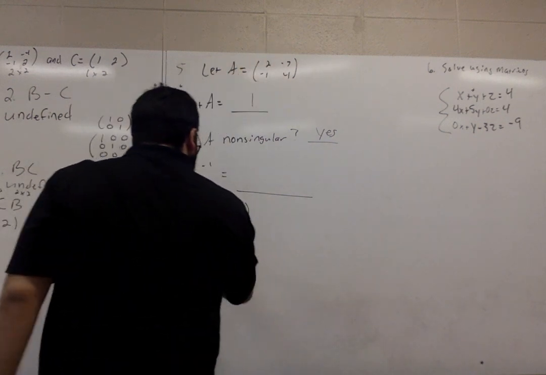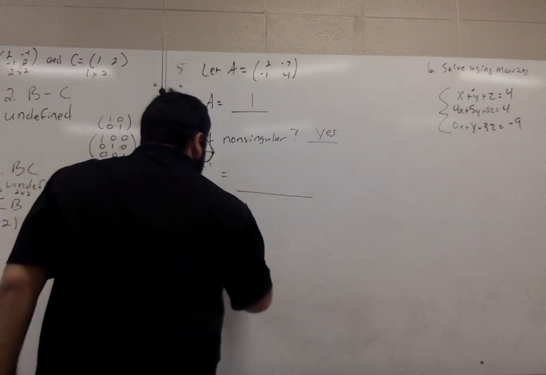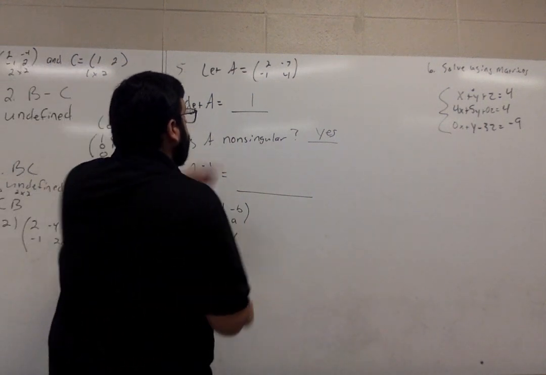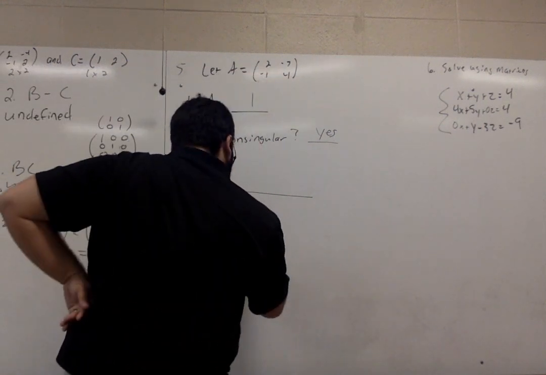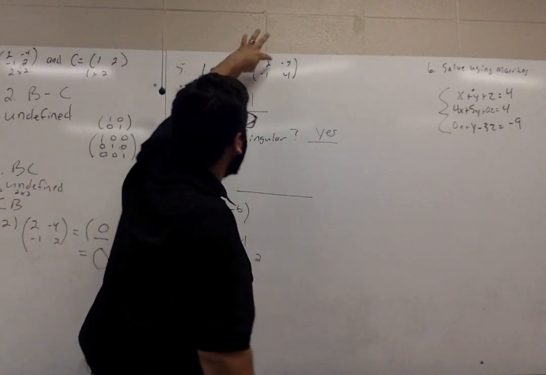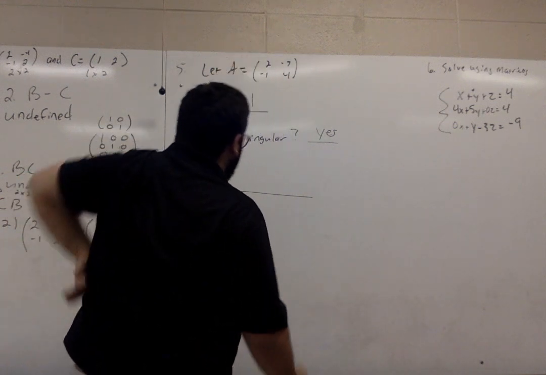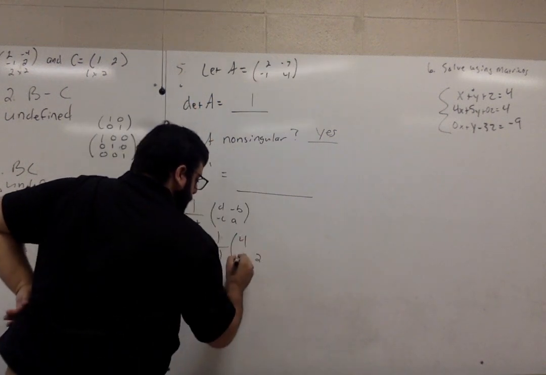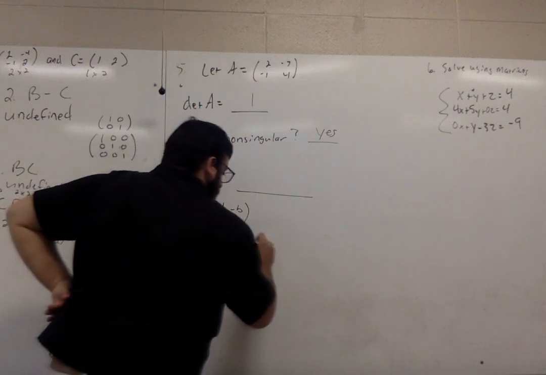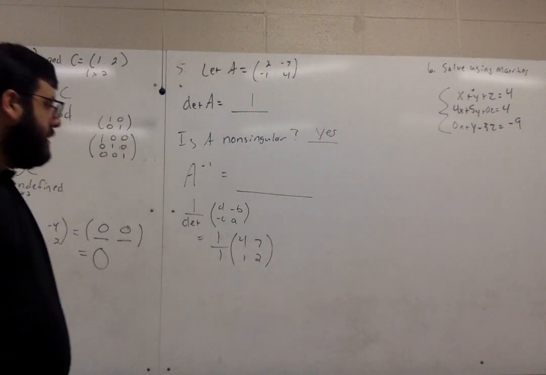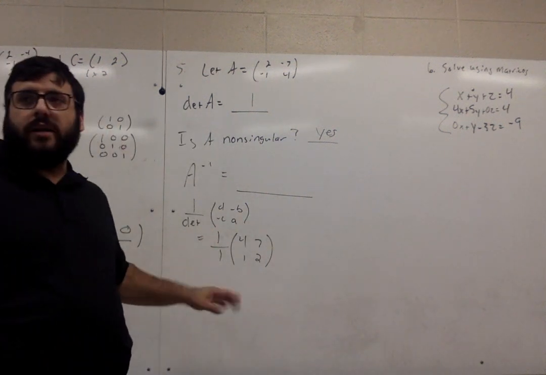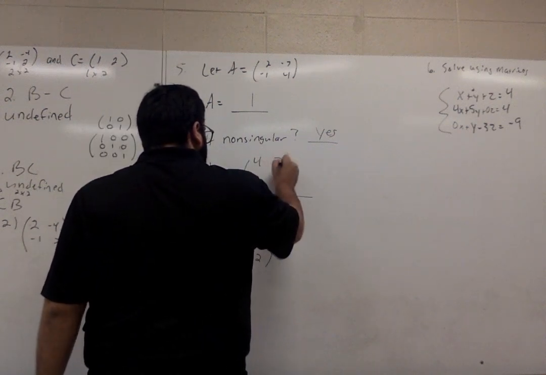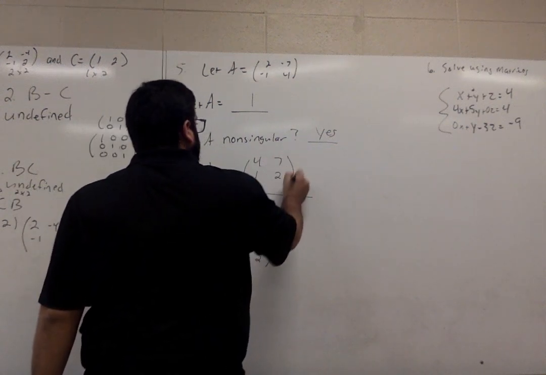So in this case, my determinant was 1. All right, I'm going to switch the 4 and the 2, and I'm going to change the signs on the -1 and the -7. So it's going to be +1 and +7. Now, this is just going to be 1, and 1 times anything is itself. So my inverse is this matrix, 4, 7, 1, 2.